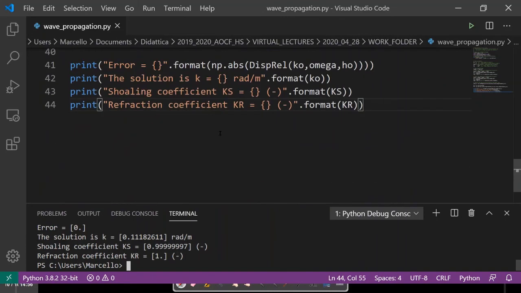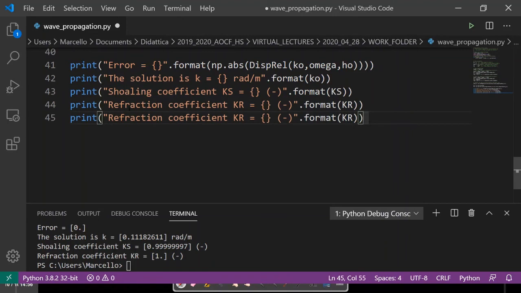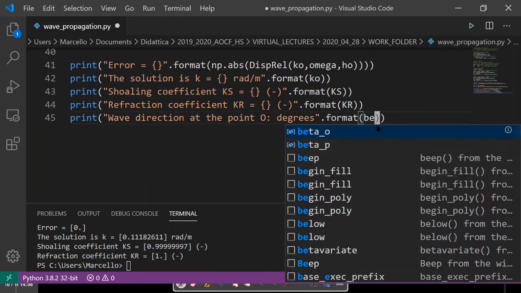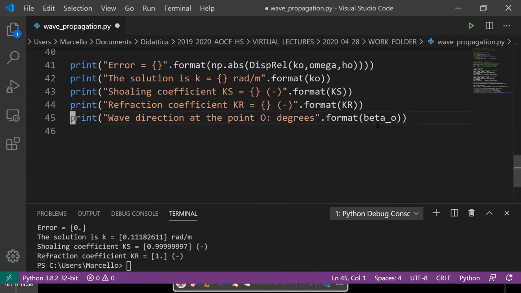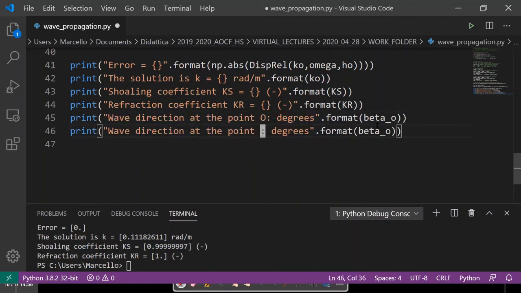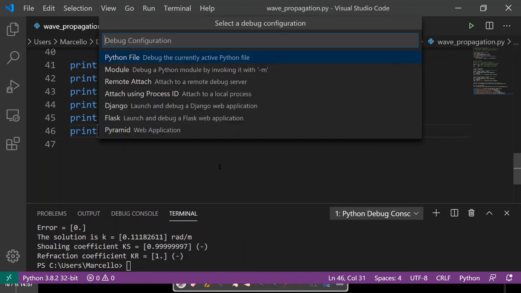Indeed, if we write also the angle wave direction at the point O in degrees, and we write here beta O, and also the wave direction at the point P, in this case, we should have both angle equal to 0.